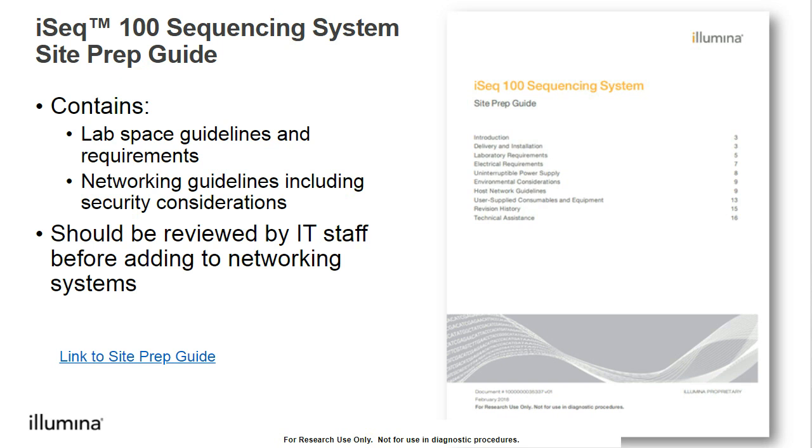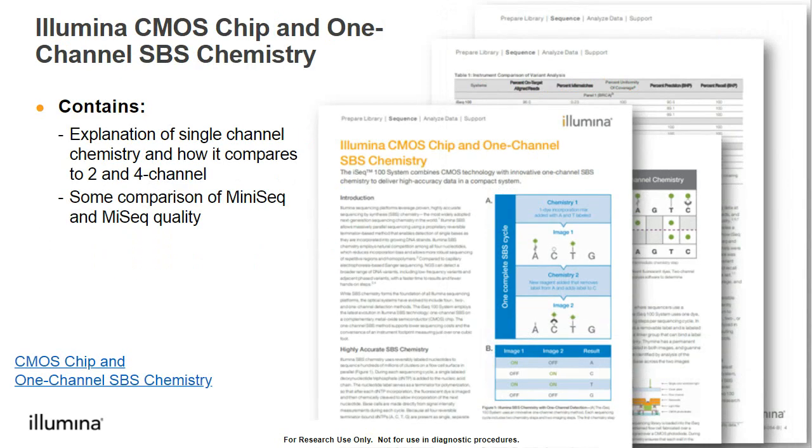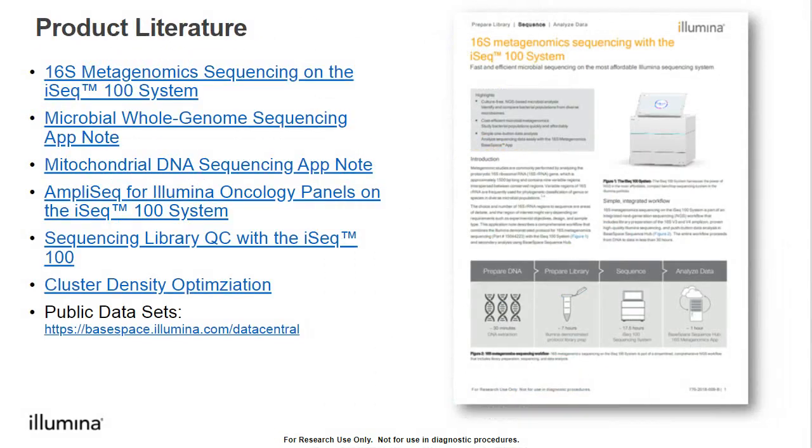Next, again, I've already linked it 3 times already, but I wanted to just highlight again this CMOS chip and one-channel SBS chemistry. I think one of the really cool parts about this is that it does compare some run metrics from a MiniSeq and a MiSeq, just to show how that runs on the iSeq 100 instrument. We also have a lot of great product literature about different applications being used on the iSeq 100.